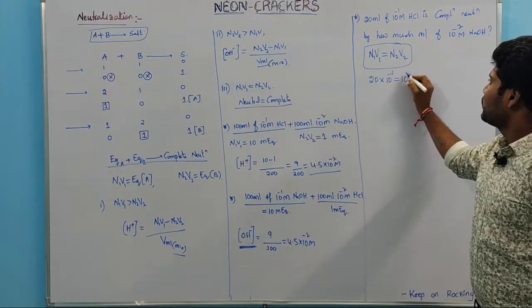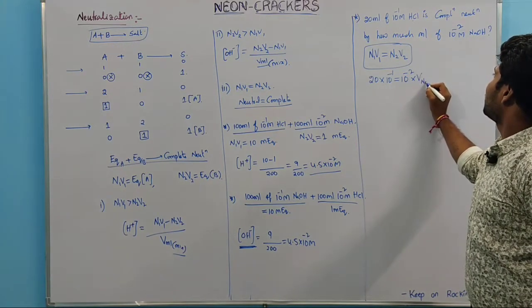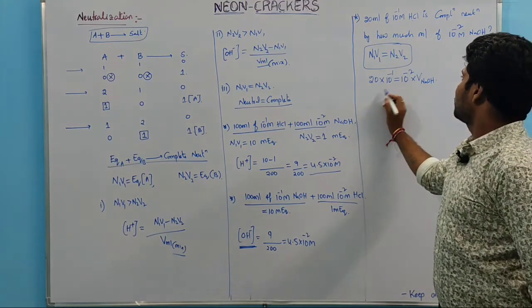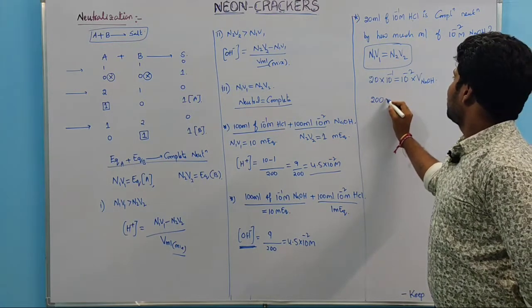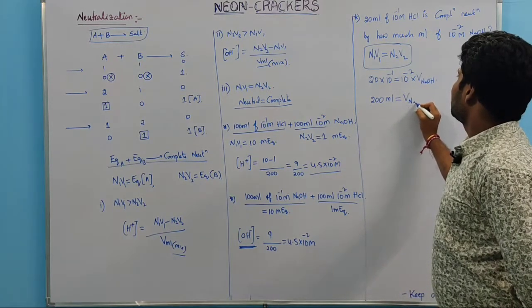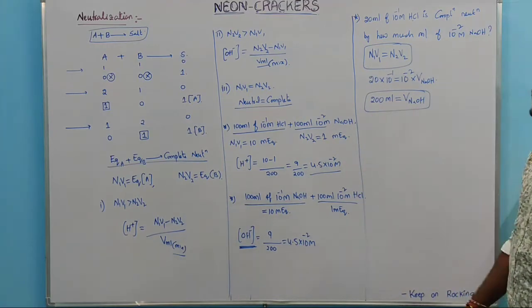So 10 to the power of minus 2 molar into the volume of NaOH. So what is the volume here? 200 ml of NaOH. So 200 ml is required.